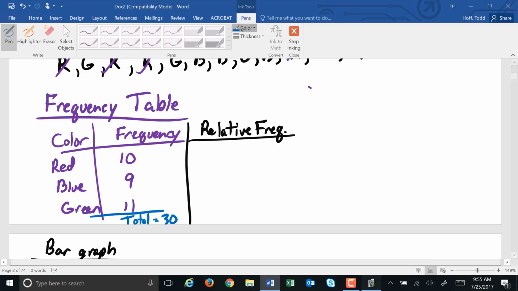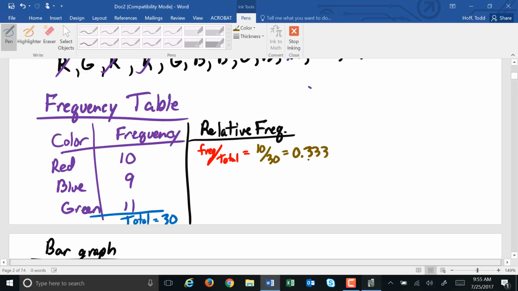So now our relative frequency is found by taking the frequency divided by the total. So for red, that's 10 divided by 30, or 0.333.